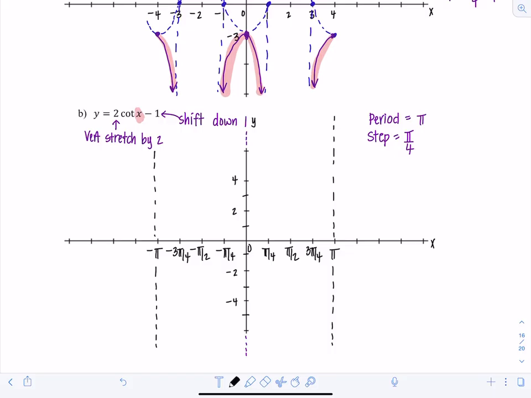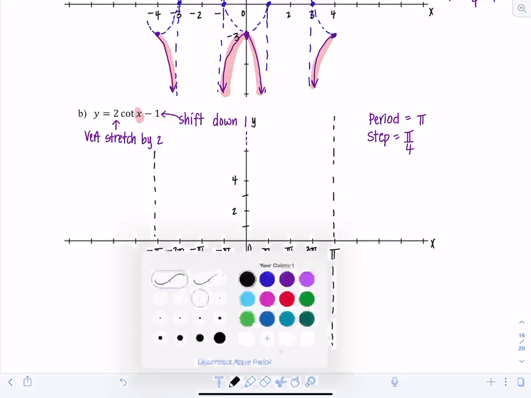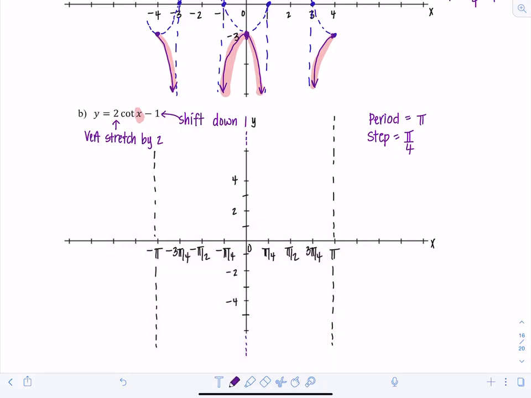Now, other thing to keep in mind, normally cotangent, when we would graph at pi over 4 and 3 pi over 4, those would take on the values of 1 and negative 1. But in this case, since we have a vertical stretch by 2, they would be at 2 and negative 2. But then don't forget, we also have to shift those down 1.